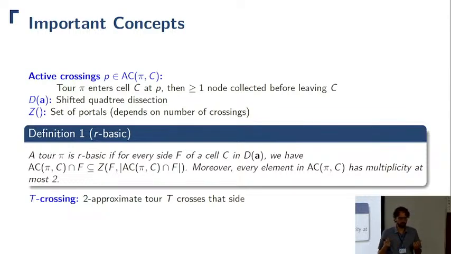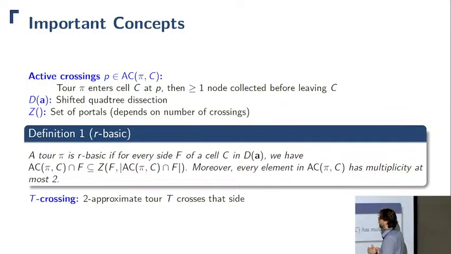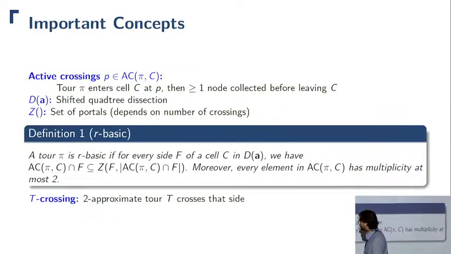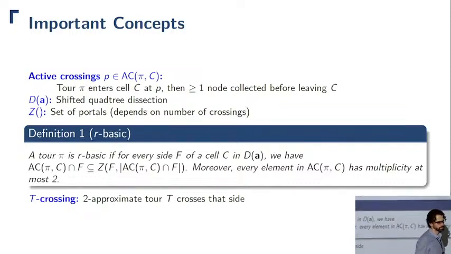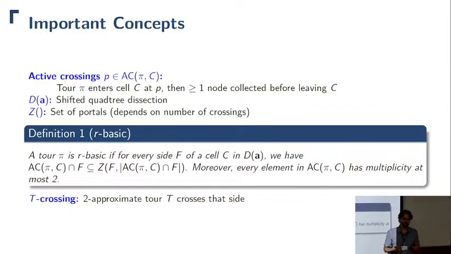The non-active crossings we deal with separately. This is another part where our dynamic program in the end changes: we deal with the non-active crossings separately and directly, in order to not have to deal with lots of different squares. And then we have Z of something, the set of portals, similar to Kisfaludi-Bak et al.